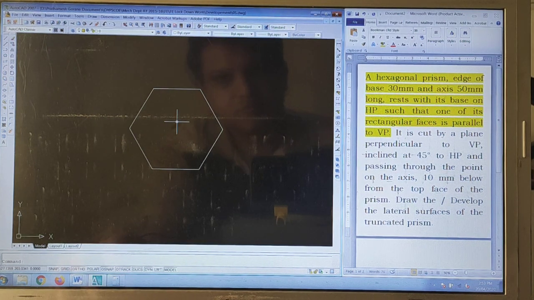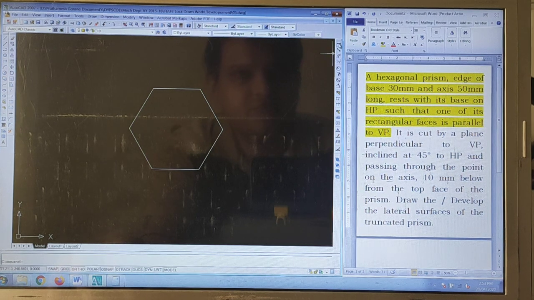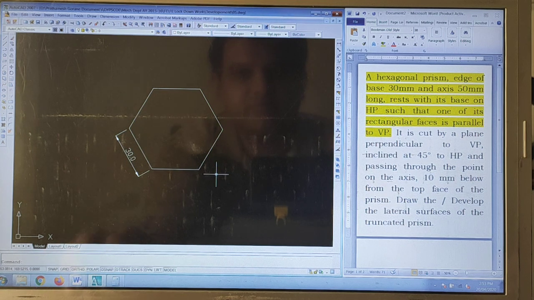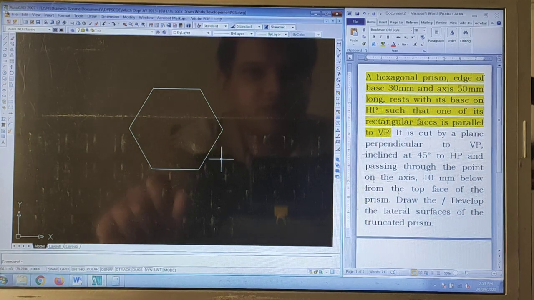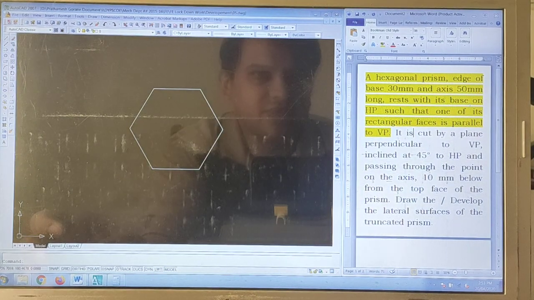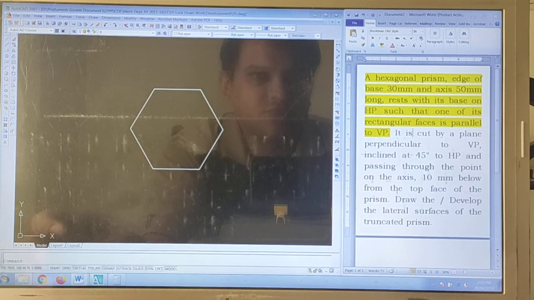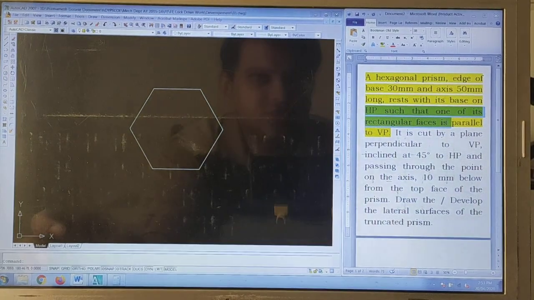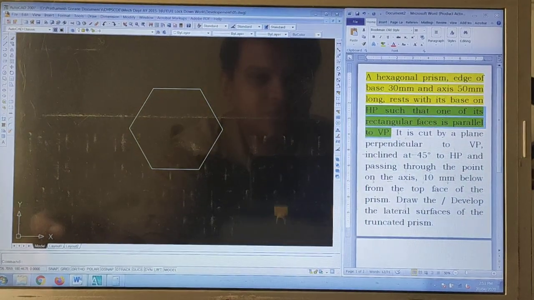So if we see the base, it is 30 mm, but is it according to our problem statement? Its base on the HP such that one of its rectangular faces is parallel to the VP.